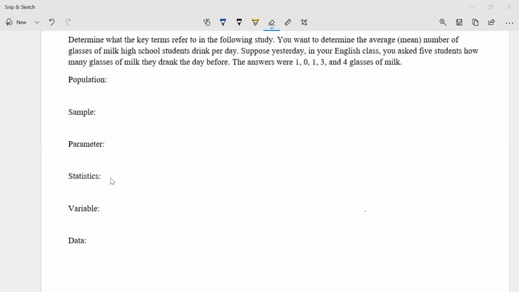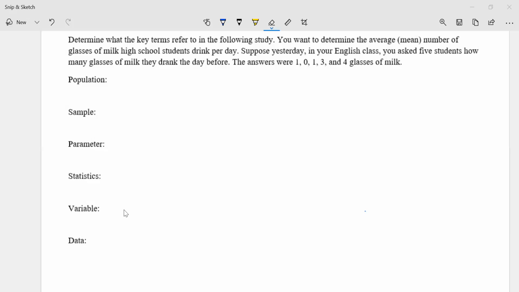Now, what varies? Variable. I'm looking at what varies. Now, I expect some answers. Well, it could be the amount of glasses of milk drunk by high school students, right? That's what I'm surveying. So that will be what I will write for my variable. Again, I'm not writing down the answers. I'm just saying them. In statistics, most of the answers have to be in your own words.